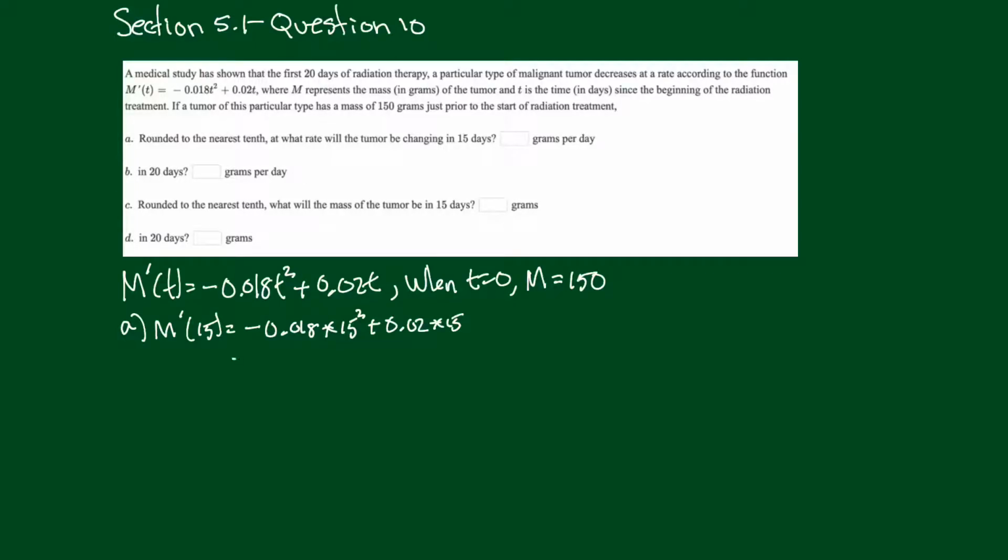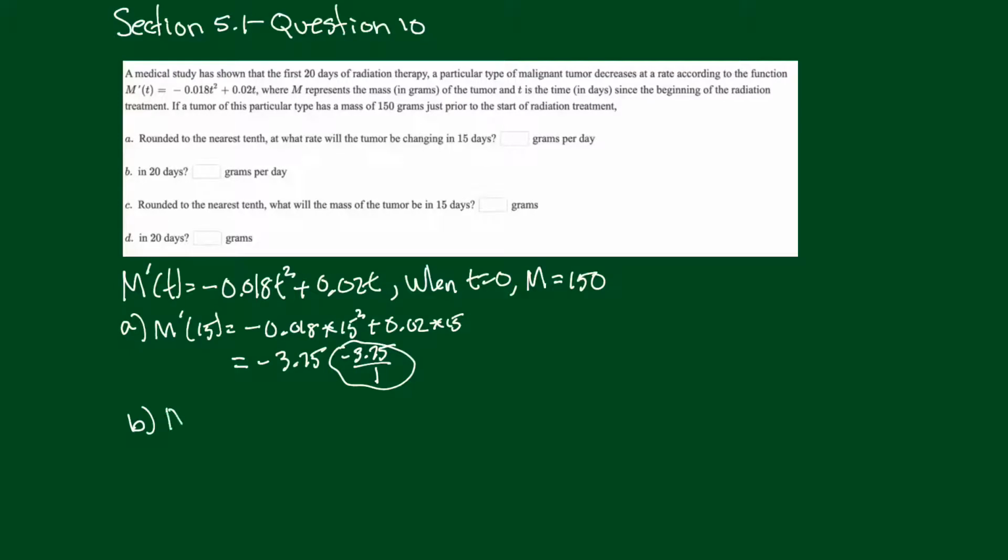When I did this on my calculator, I got negative 3.75. So if we write it as a fraction, it's negative 3.75 over 1. So at day number 15, if we increase by 1 to 16, the mass will decrease by about 3.75 grams.